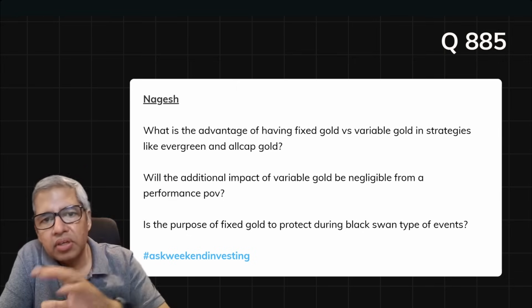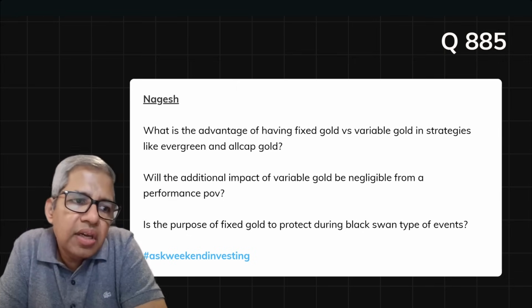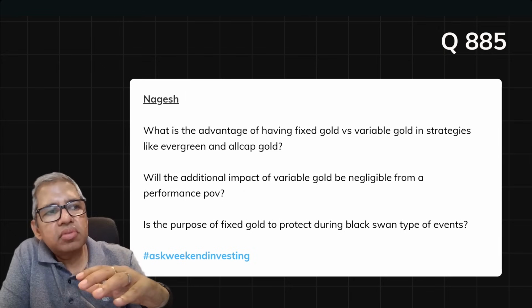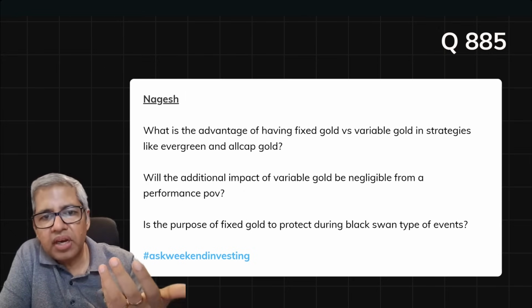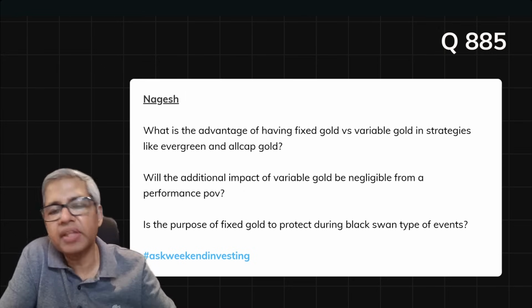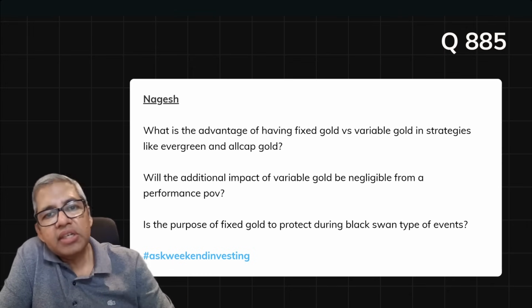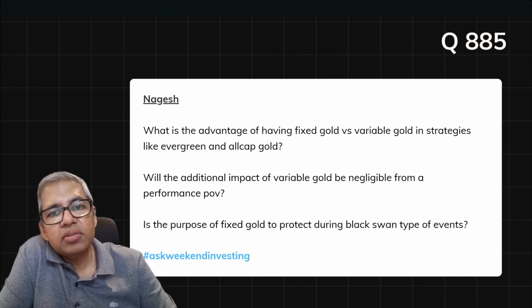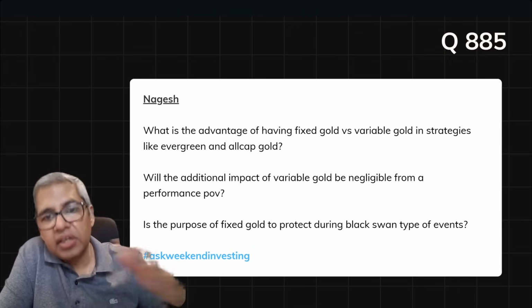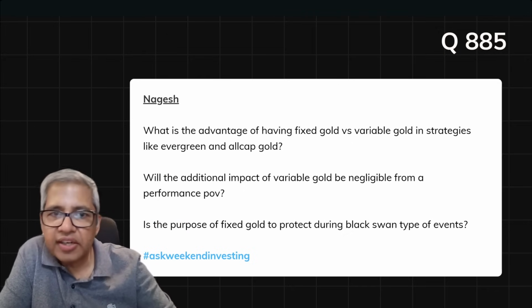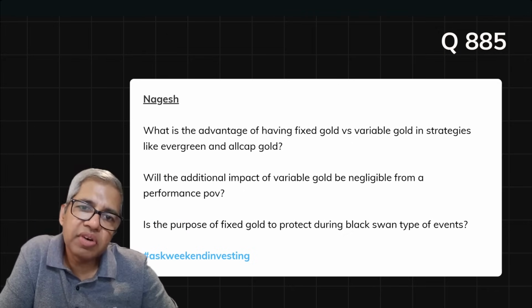There can be times when, if I were to keep it variable, stocks are not performing and gold is performing, and that usually is the case whenever stocks are not performing, the strategy may tell you to buy 80% gold, 90% gold. Even if you cap it at 75%, it can be a large number. A lot of folks are not comfortable with that idea, although it will work wonderfully well.